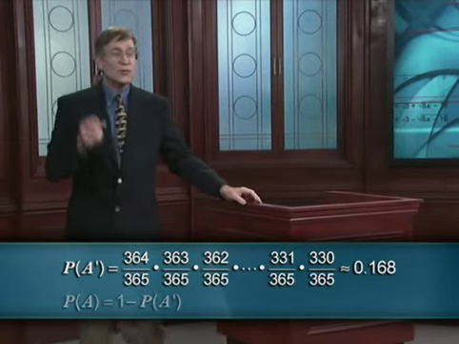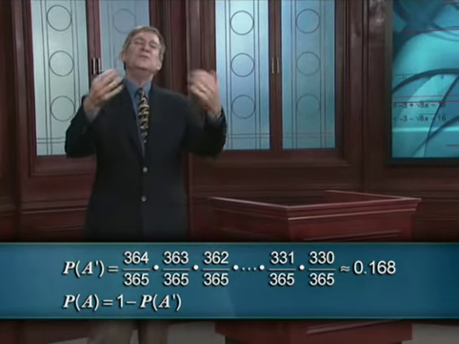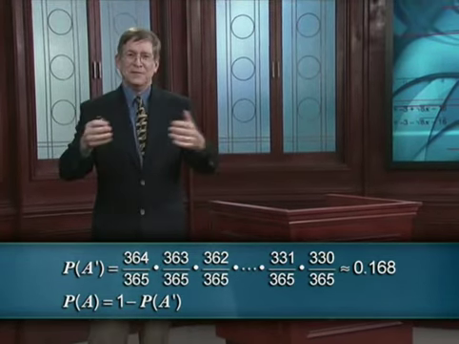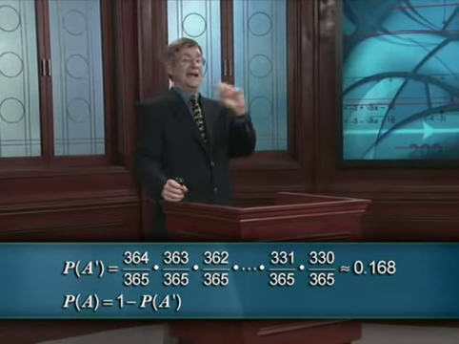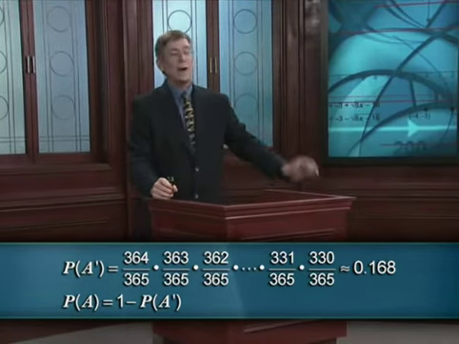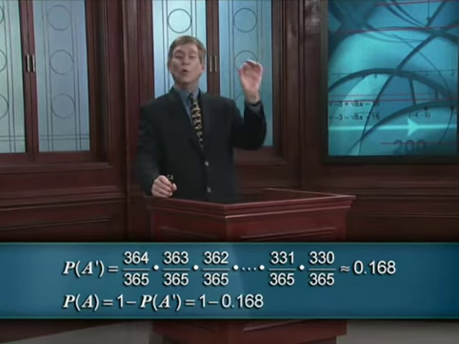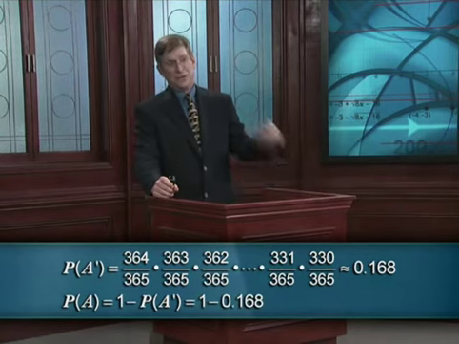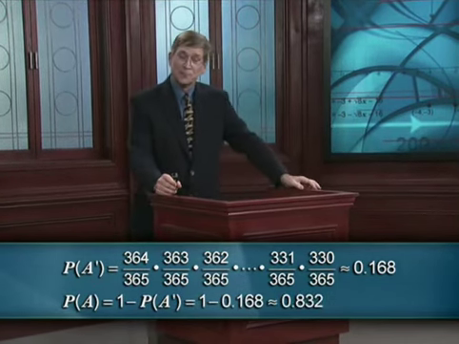0.168. So, we calculated the complement, that nobody had the same birthday. So the probability that two of them actually do have the same birthday is 1 minus this number, and that turns out to be about 0.832.